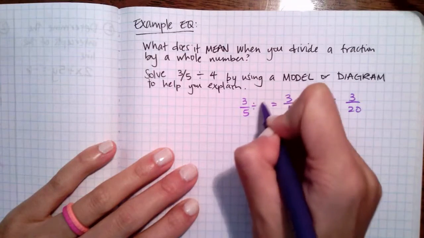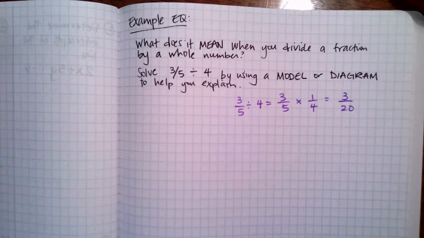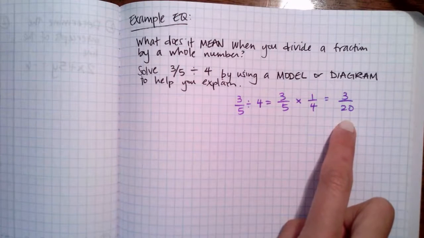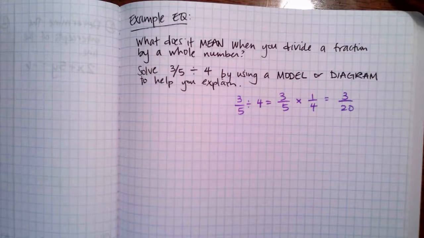That's what a lot of you wrote down for your answer, and you explained that process. But that doesn't tell us what it means when you divide a fraction by a whole number. It doesn't tell us what 3/5 divided by 4 means. You ended up with the correct answer, so let's walk through the model or diagram.